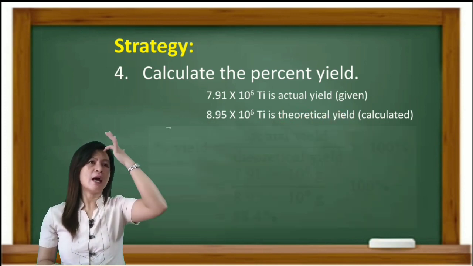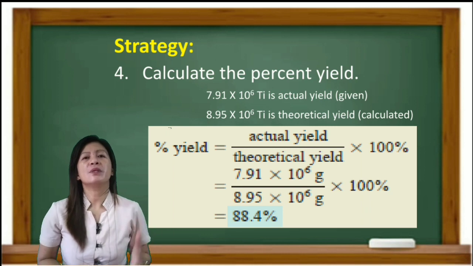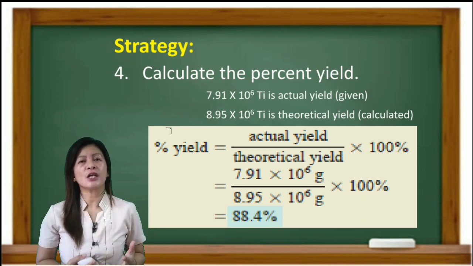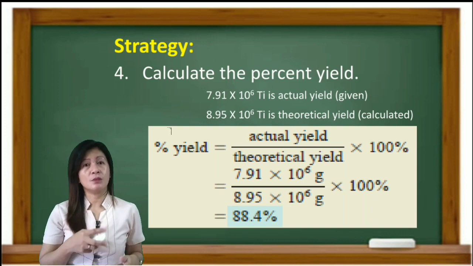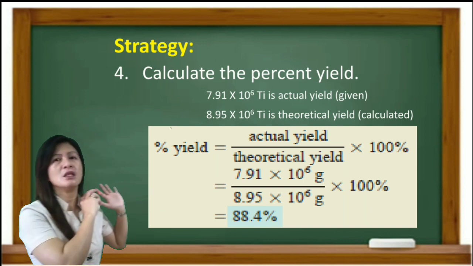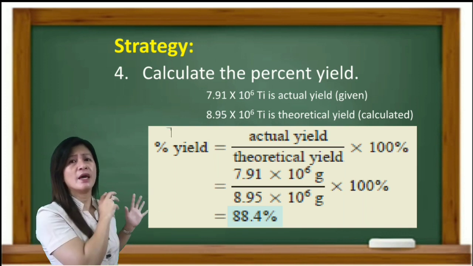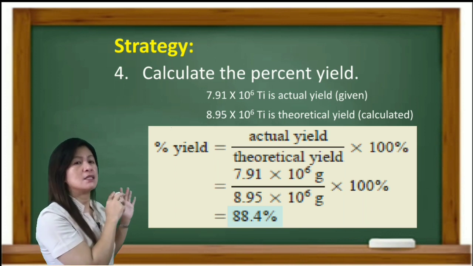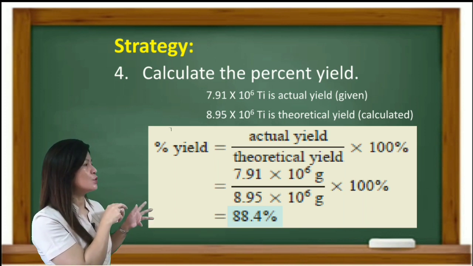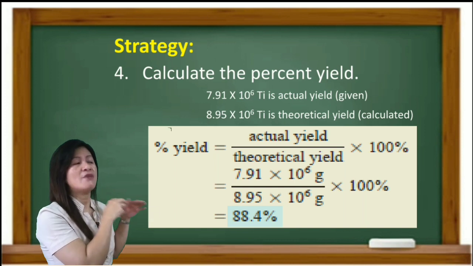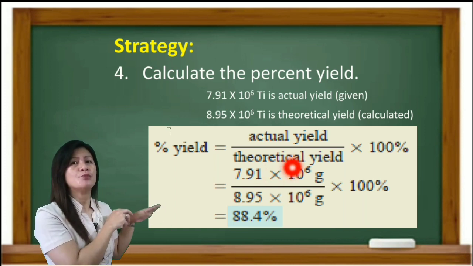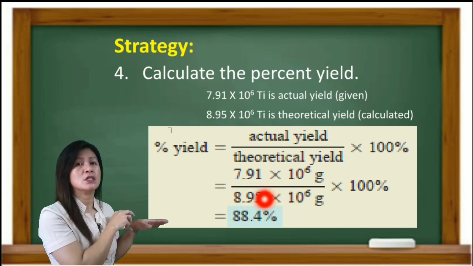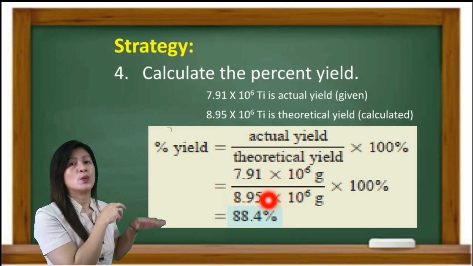So again, the formula that I had given earlier: percent yield is equal to the actual yield divided by the theoretical yield times 100%. So substituting the given, we have the actual yield as 7.91 times 10 raised to 6 gram divided by the calculated theoretical yield, 8.95 times 10 raised to 6 gram, and then times 100.